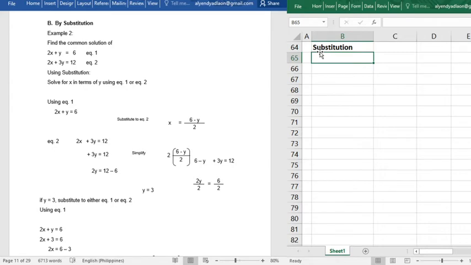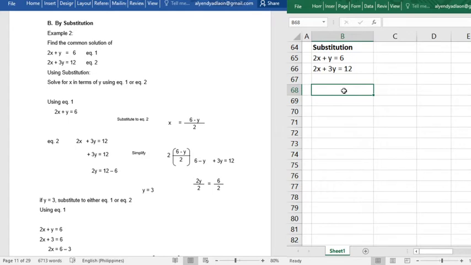So in substitution, find the common solution of 2x plus y equals 6 and 2x plus 3y equals 12. So I'm going to input 2x plus y equals 6 and 2x plus 3y equals 12. Now, using substitution, solve for x in terms of y using equation 1 or equation 2.